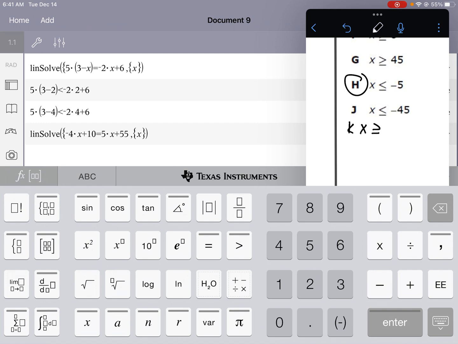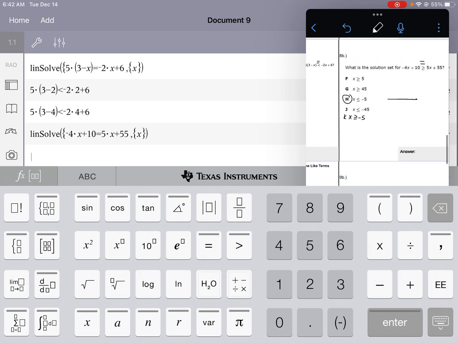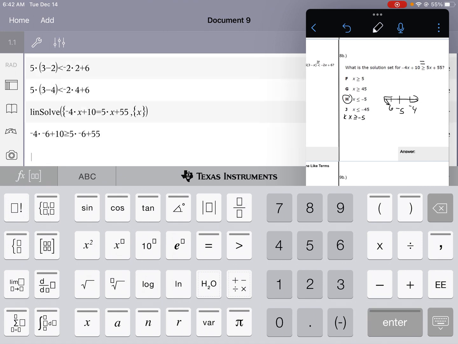Again, if you had an answer choice that was similar, this is where you would need to do a number line and test some points. So I would have negative 5 here. Something smaller than negative 5 would be negative 6. Something bigger would be negative 4. So if I test negative 6 into this equation, I have negative 4 times negative 6 plus 10, use my inequality sign, 5 times negative 6 plus 55, press enter.